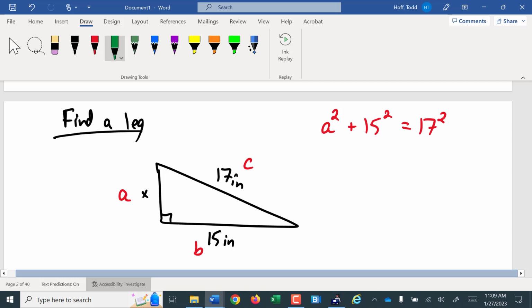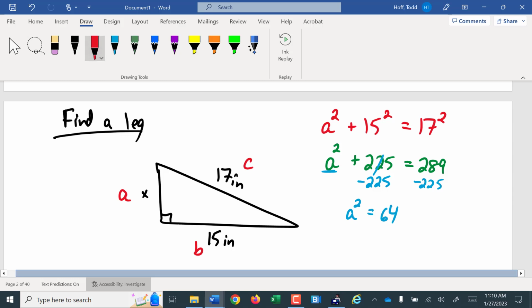Now, if you're okay with solving an equation, you can just set it up this way and go. What is 15 squared? 225. 17 squared? 289. Now, to solve this equation, I have to get A by itself. So I have to get rid of the 225 by subtracting it. So that would give us that A squared equals 64.